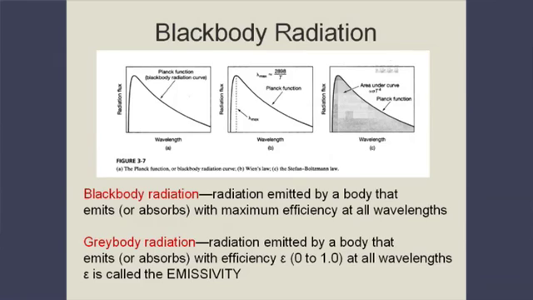So you can have bodies that are not black. Usually we say they're gray. So a gray body would radiate less radiation than a black body. And you'll see this reduction in the amount of radiation characterized with this thing called the emissivity. It just means how effectively it emits radiation.